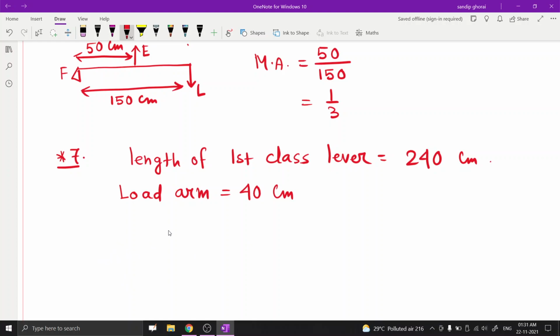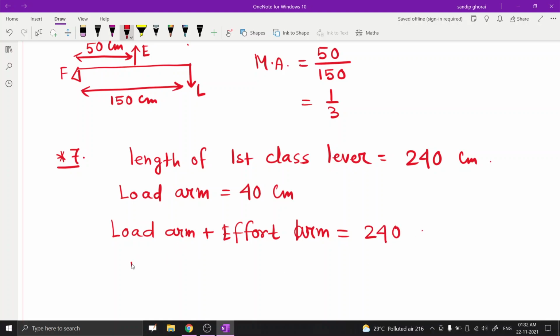As the length of the first class lever is given 240 centimeter, that means load arm plus effort arm is given. We know for a first class lever, load arm plus effort arm is equal to the length of the lever, 240.